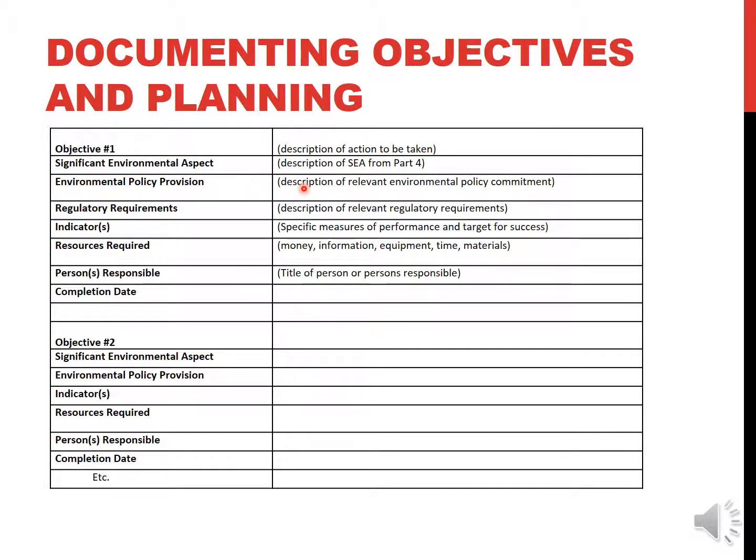We link it back to the policy commitment. We also include some regulatory requirements. We provide at least one indicator, and maybe more. We define what resources are going to be required, the person responsible and the completion date. And this gets you into compliance with the 14001 requirements. And we do this for all of our objectives. So for your paper for Happy Harry's, you're going to develop a set of these.